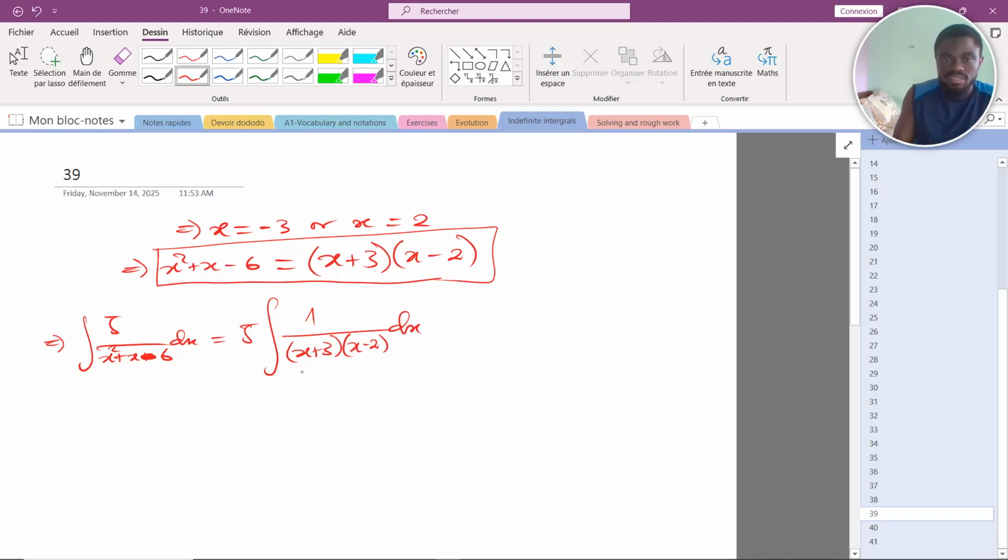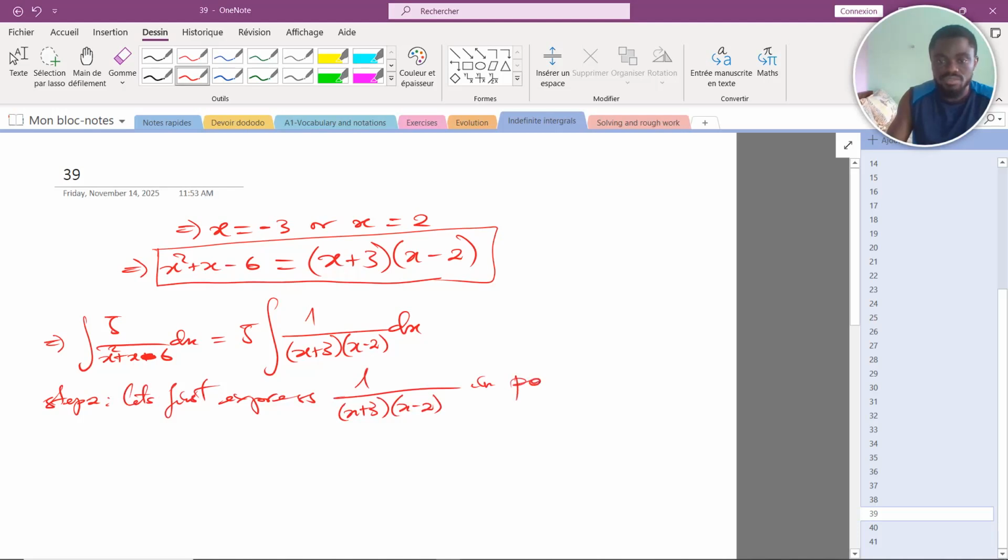At this stage, we cannot integrate this directly. What we are supposed to do here is express this in partial fractions. So step 2, let's first express 1 on x plus 3 times x minus 2 in partial fractions.